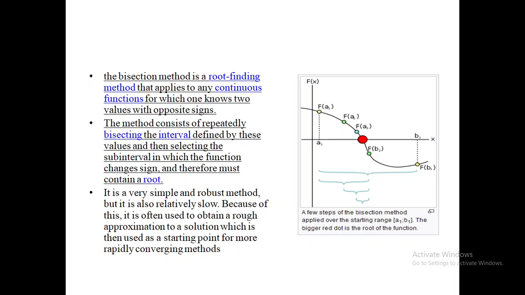You apply it when you are given any continuous function for which one knows two values with opposite sign, meaning one value is positive and another value is negative. This method consists of repeatedly bisecting the interval defined by these values and then selecting the subinterval in which the function changes sign, and therefore must contain a root.